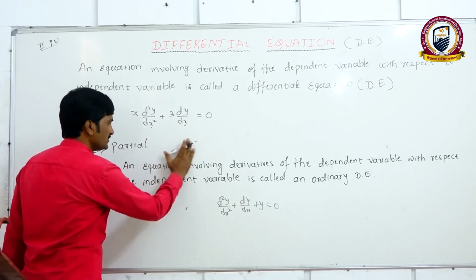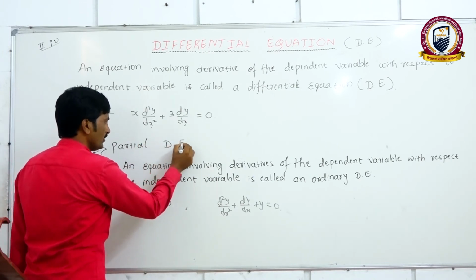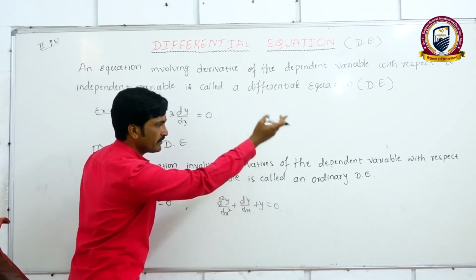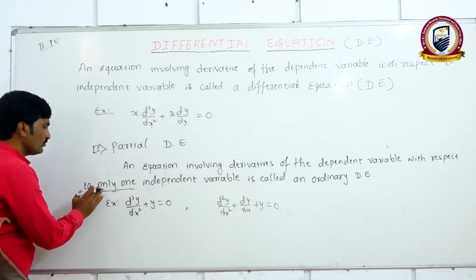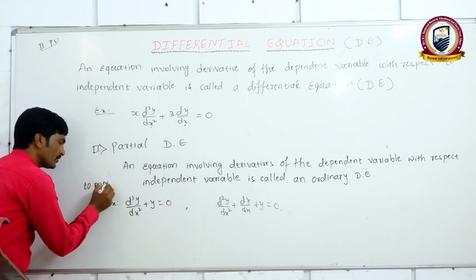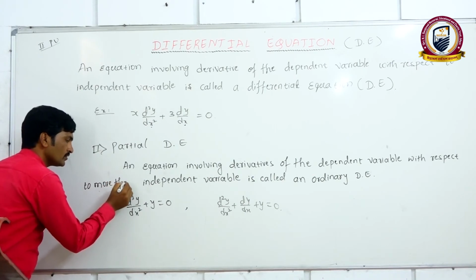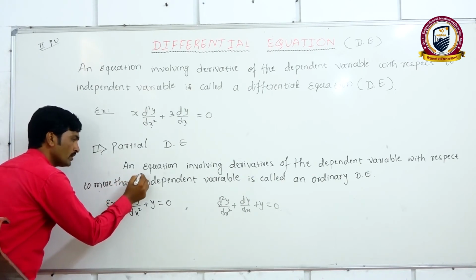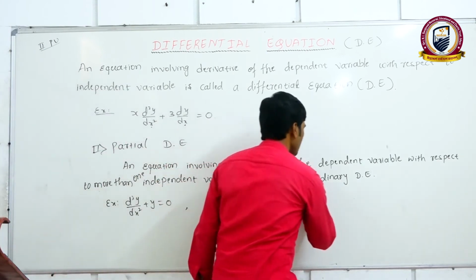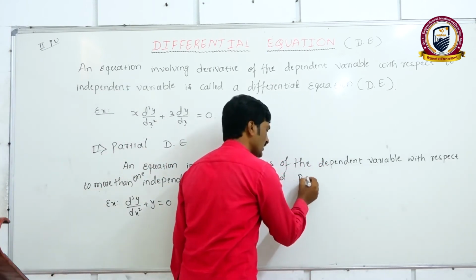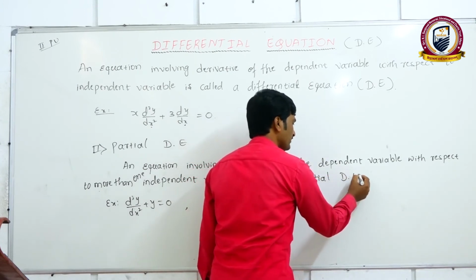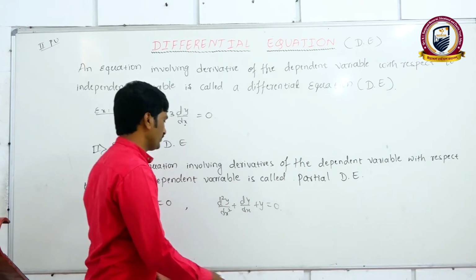Partial differential equation. It means an equation involving derivative of the dependent variable with respect to more than one independent variable is called a partial differential equation.